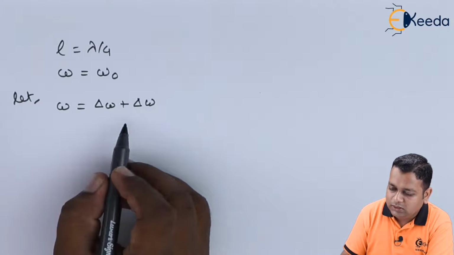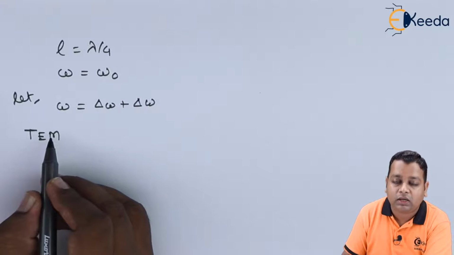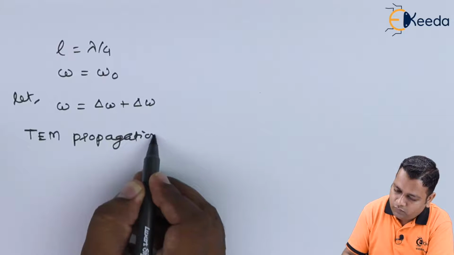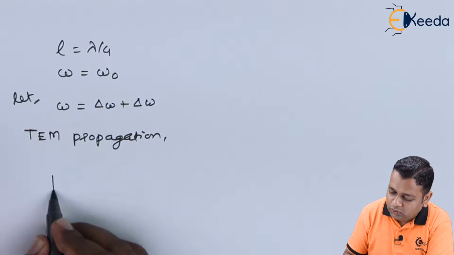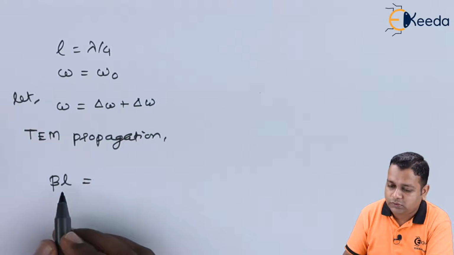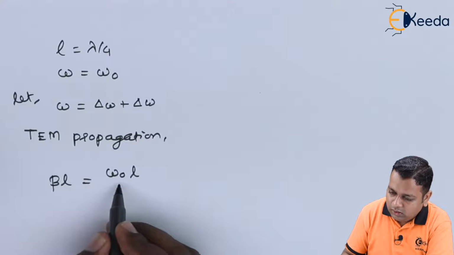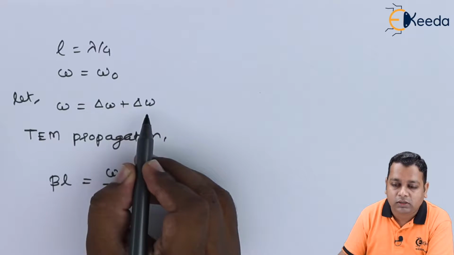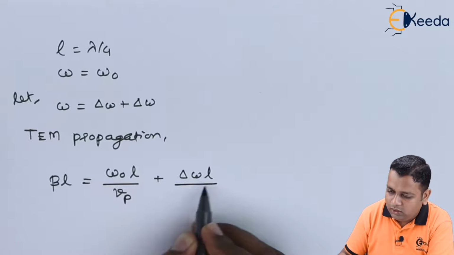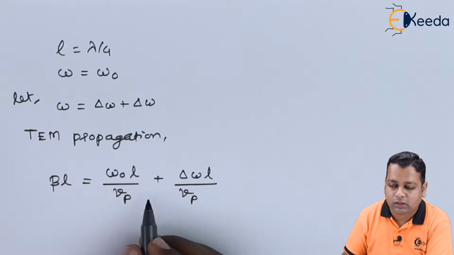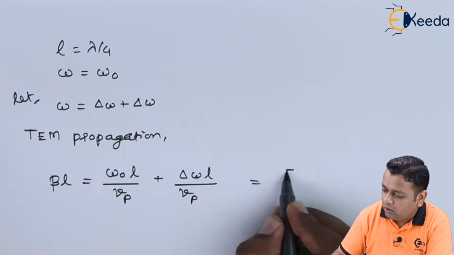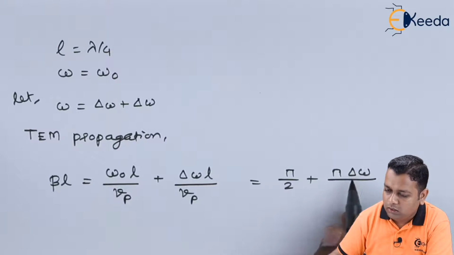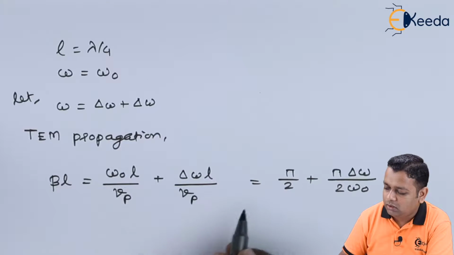With this, if we consider the transverse electromagnetic mode, the ideal mode of propagation, the propagation information beta L for the length of the transmission line is equal to omega 0 L divided by the phase velocity Vp, added to delta omega into L divided by the same denominator Vp, which can further be expressed as pi by 2 for the first component, and next pi into delta omega divided by twice omega 0 for the second term of the right hand side.